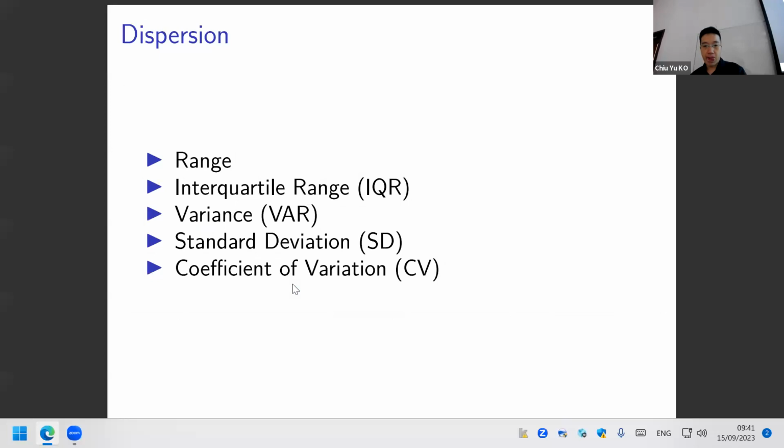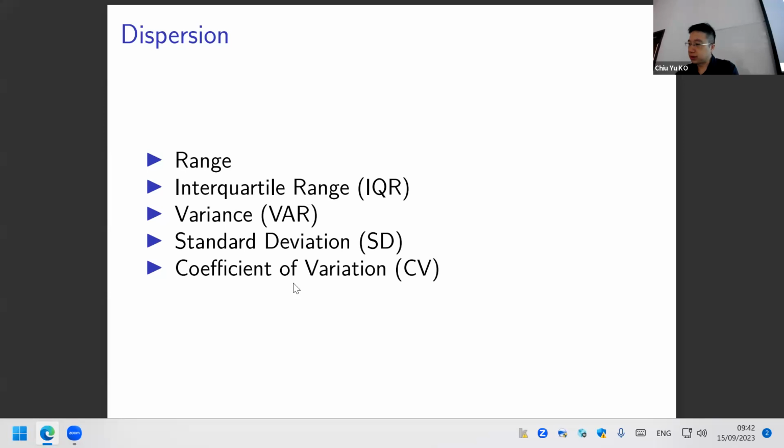But it shouldn't be an issue because you should be working on data that has more than 10 observations. Otherwise, if everything appears once, then there's no point to talk about mode anyway. And we have 5 different measures of dispersion, right?